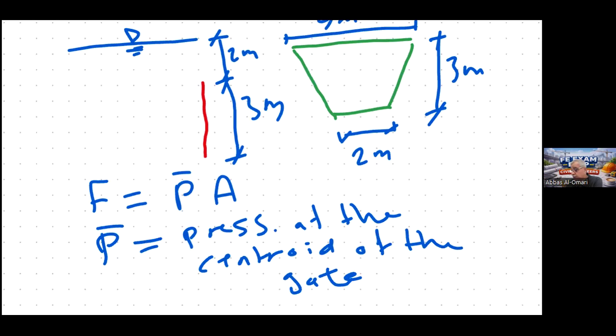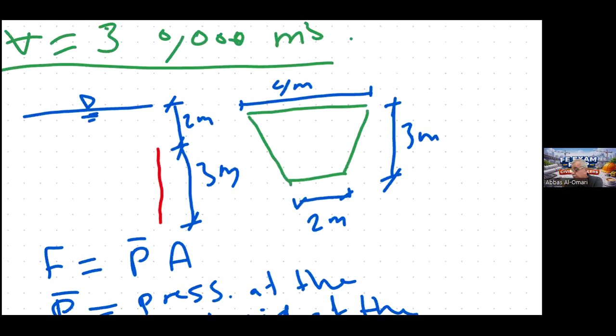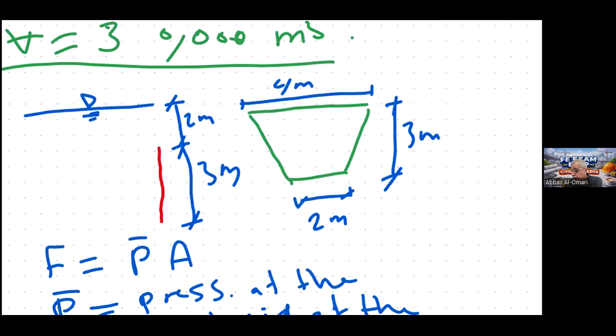So this is the gate. Gate is trapezoidal. So we want to find the Y bar of the gate. I will assume that the 0 is here. So Y equals 0. Actually, Y equals 0 is at the water surface.